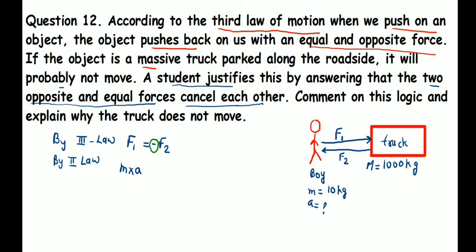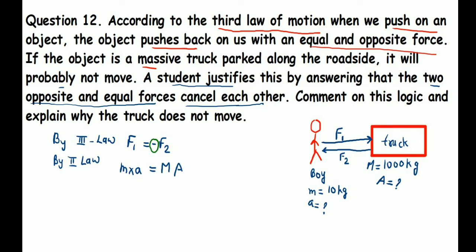First is the boy, so F1 is the mass of the boy times the acceleration gained by the boy, small m, small a. Similarly, F2 is the force by the truck, so we can present over here the mass of the truck and the acceleration of the truck, the product of capital M and capital A. Now student, over here we have supposed the masses of the two objects, 10 and 1000 kg.